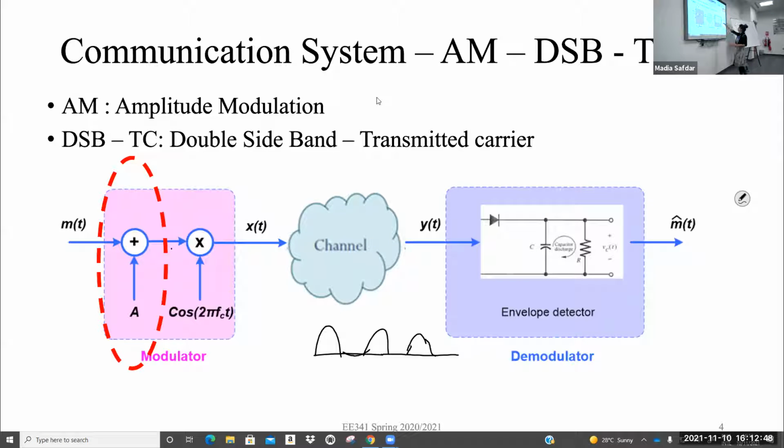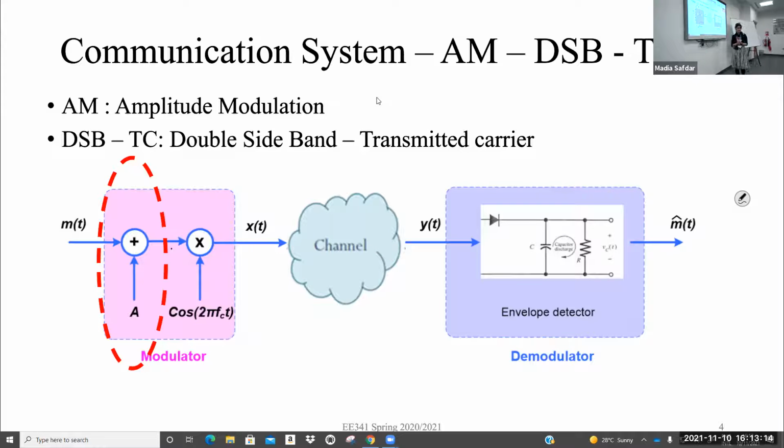Then I will pass it through this filter, because there is also a carrier inside. My drawing is not very good. So in order to remove this carrier, I will use this filter. Then at the output, I will get my message. Okay, so this is the idea.